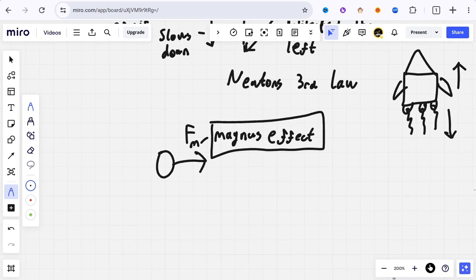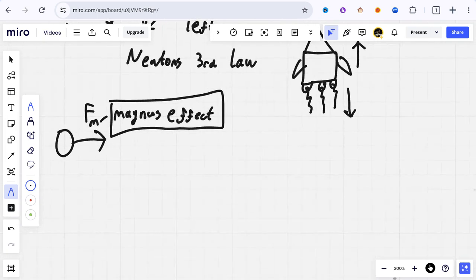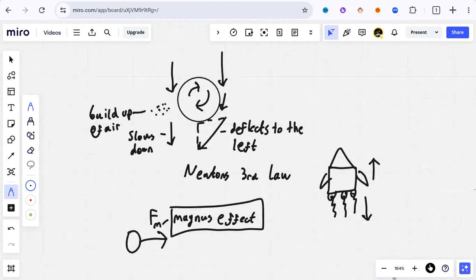It's used in every sport with a ball: tennis, cricket, golf, any sport, even volleyball. Any sport where you have a ball, this effect is applicable because you can curve the ball in a certain way and it will move in certain directions. The most applicable sport, in my opinion, is football, because really anything is possible.